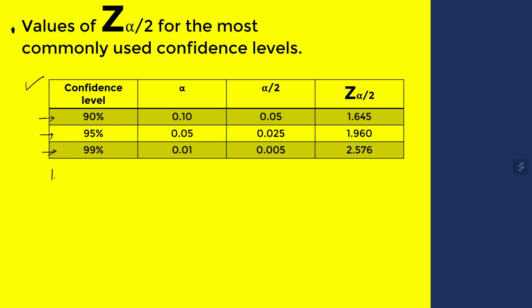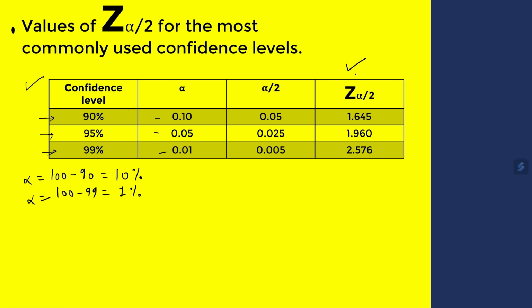These are also simple. If you do the subtraction 100 minus 90, we get 10%. In the same case, for 100 minus 99, we get 1% as our alpha. So we got these alpha values. Like that we got Z alpha by 2.